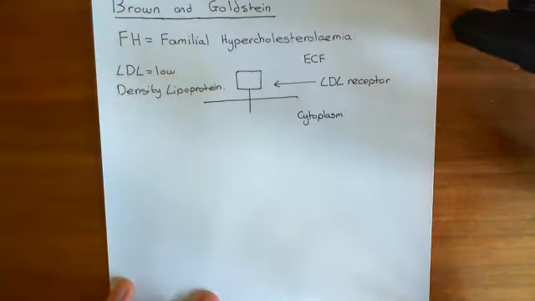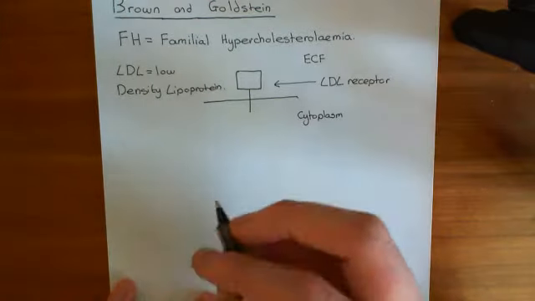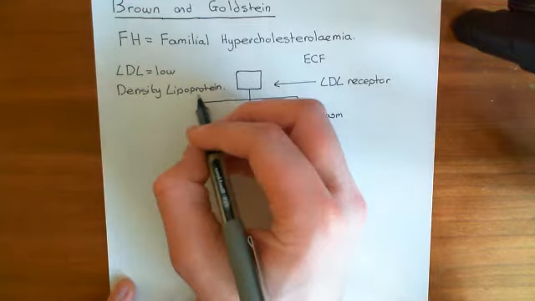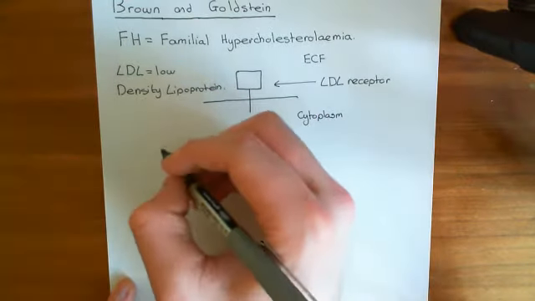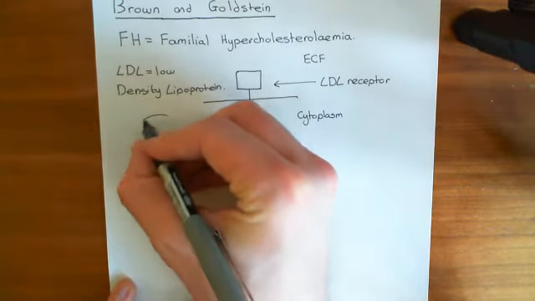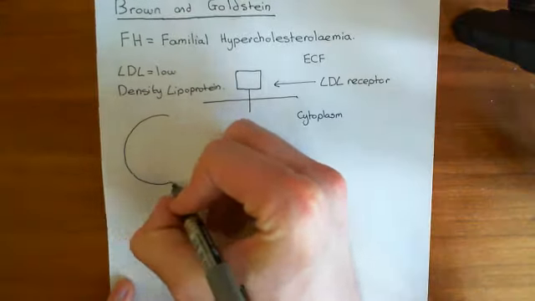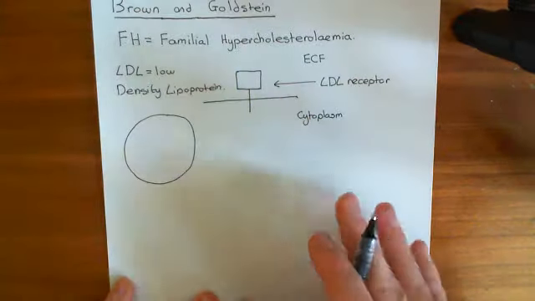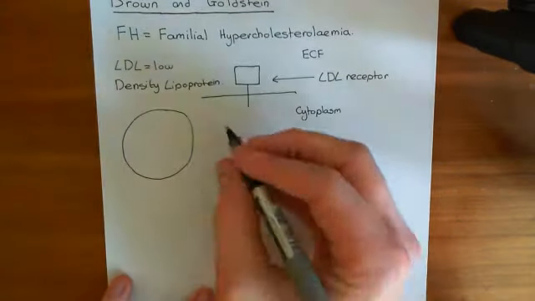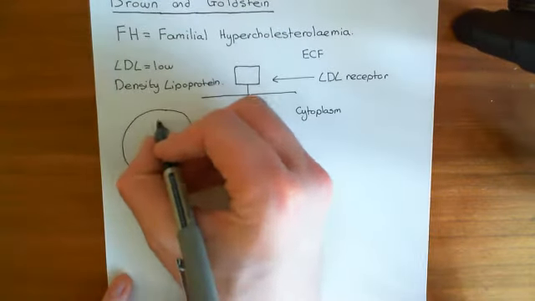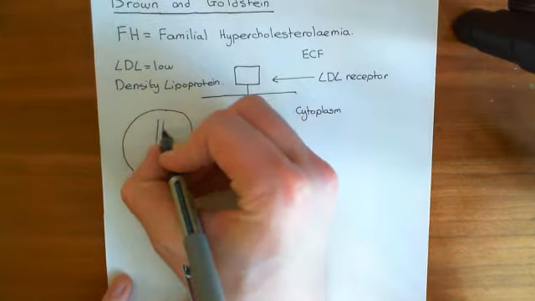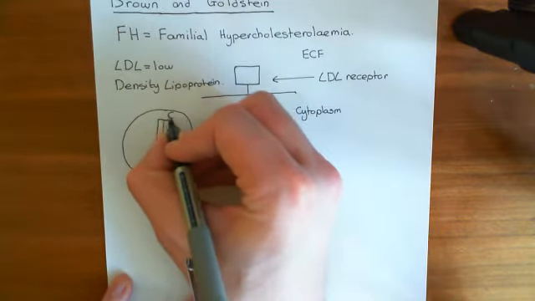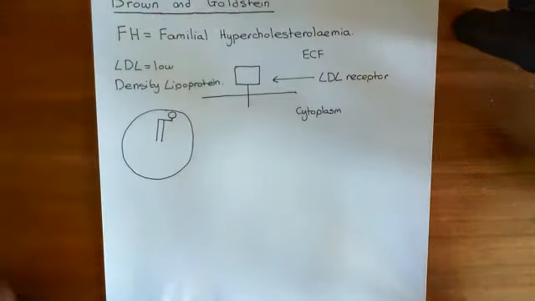lipoprotein particles. So what is a lipoprotein particle? Well, basically it's many phospholipids all wrapped around in a ball. So it's a little ball of lipids. And if we remind ourselves of the structure of phospholipids, a phospholipid has two long-chain hydrophobic tails, or long-chain carboxylic acids, and then you have a phosphate head here.